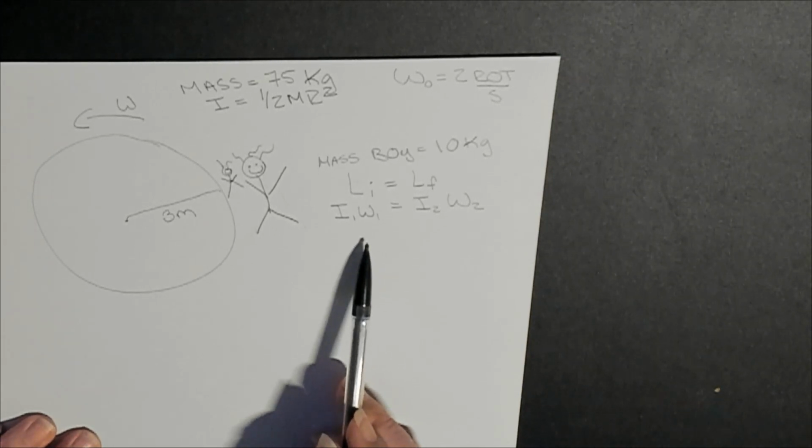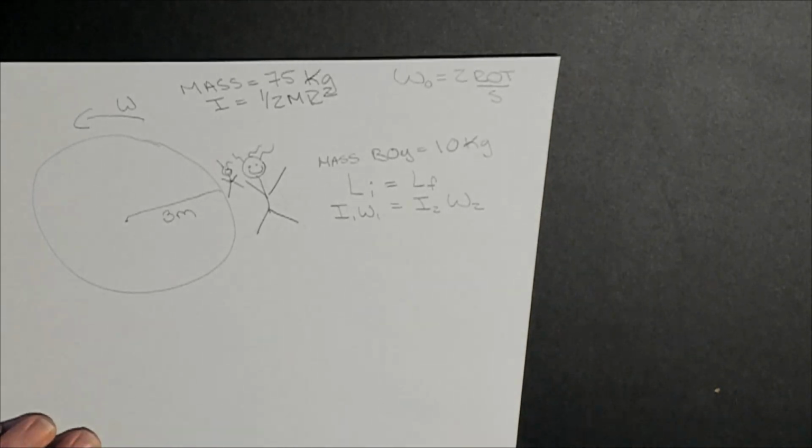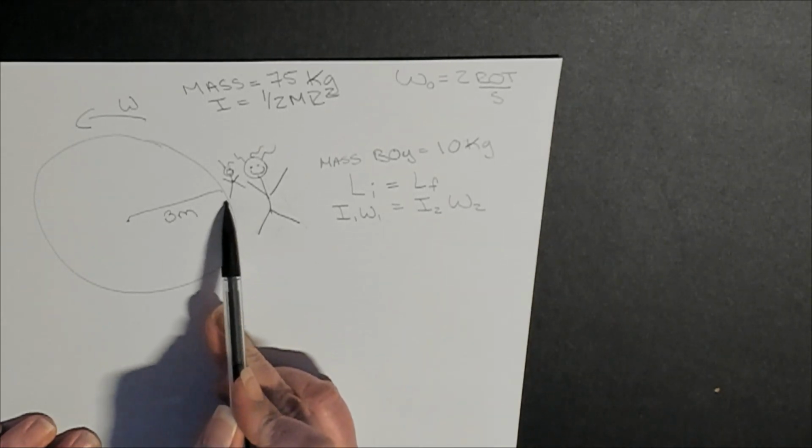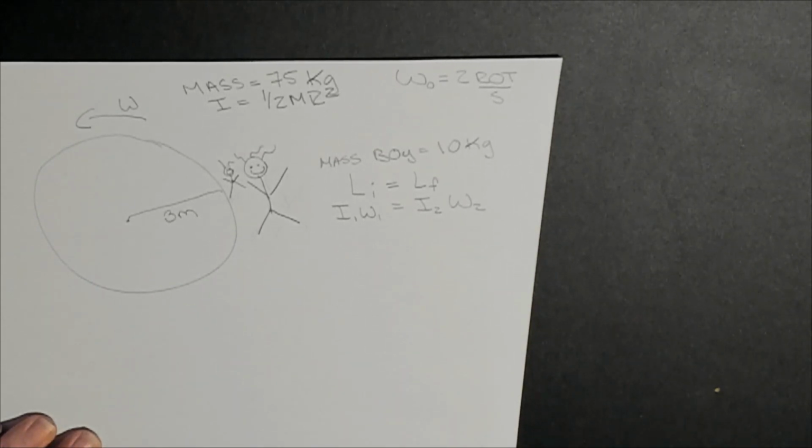In that way we can solve for final omegas, because if it's elastic, we end up with too many variables. But for now, let's just focus on how fast the boy ends up going with the merry-go-round once he lands on it safely and securely.